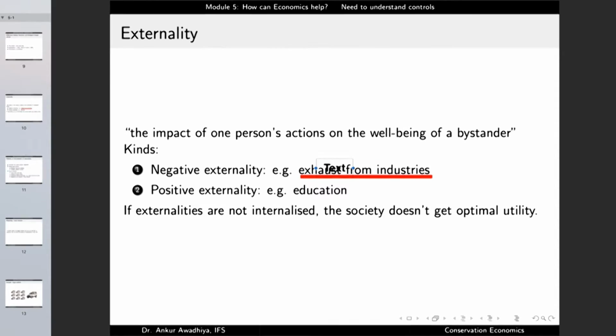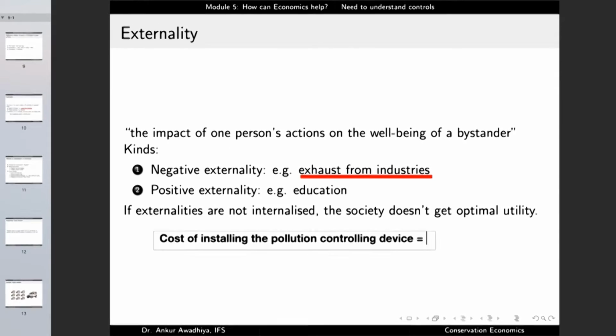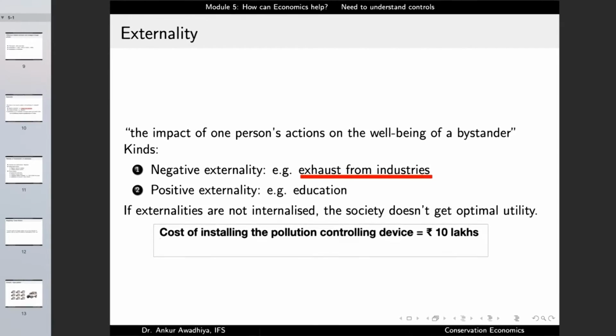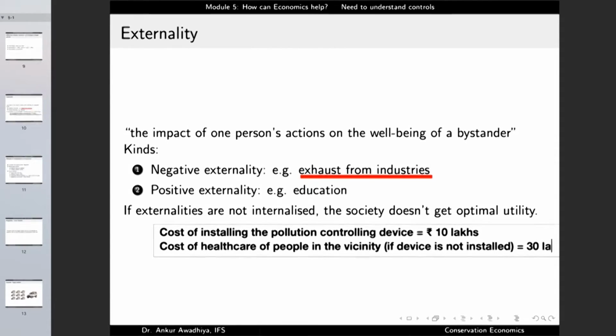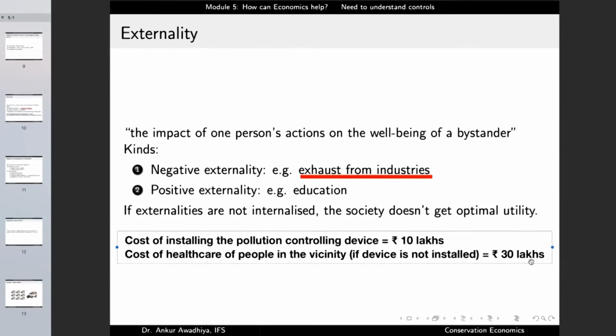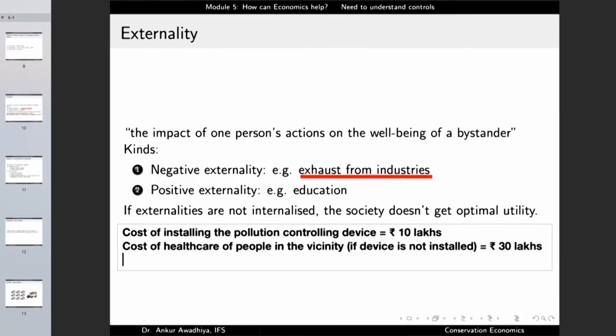In other words, what we are saying here is that suppose the cost of installing the pollution controlling device is rupees 10 lakhs, and the cost of healthcare of people in the vicinity, if the device is not installed, is say 30 lakhs, and if the industrialist had to pay this cost.